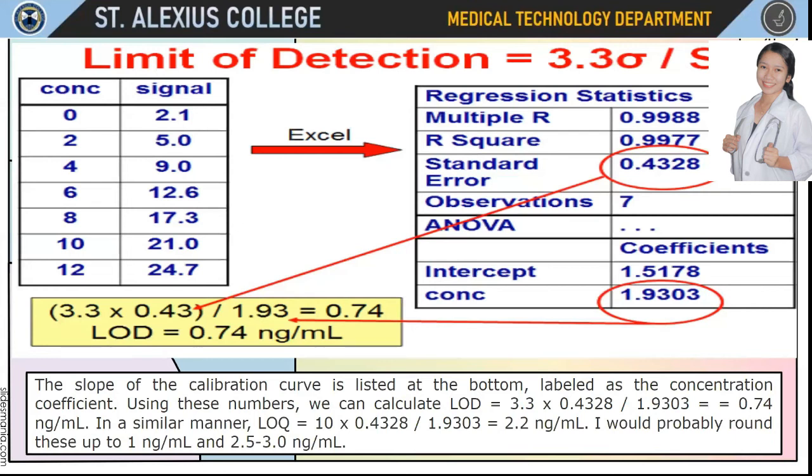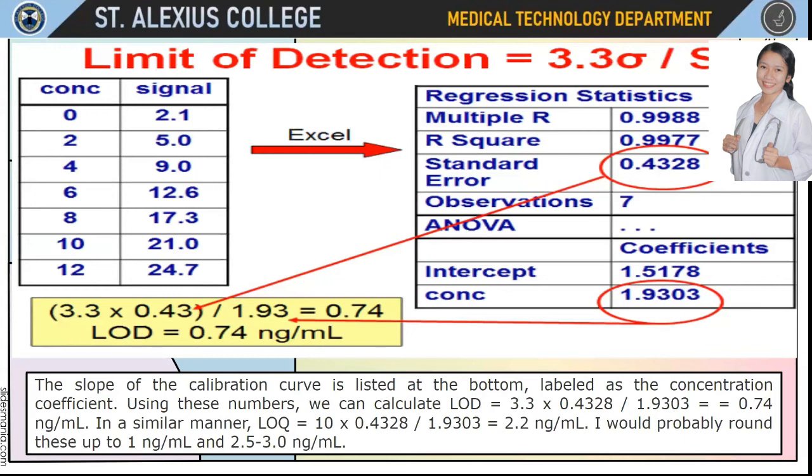So the values calculated above should be considered estimates of the LOD and LOQ, and must be demonstrated by injecting multiple samples, for example, n equals 6 at the LOD and LOQ concentrations. If the results meet performance requirements, the LOD and LOQ have then been shown to be correct.